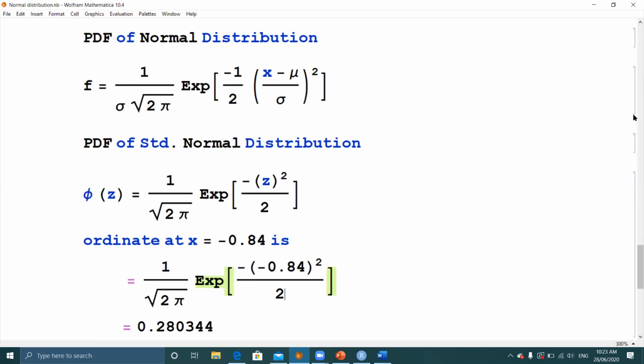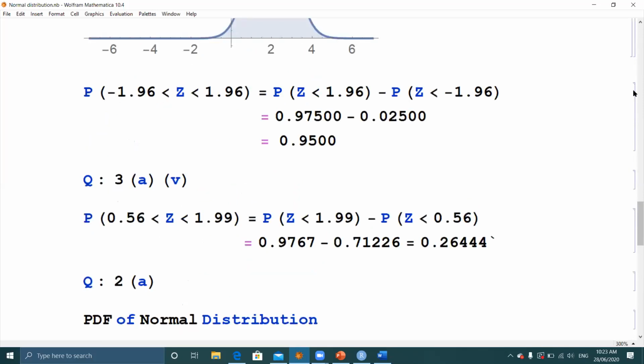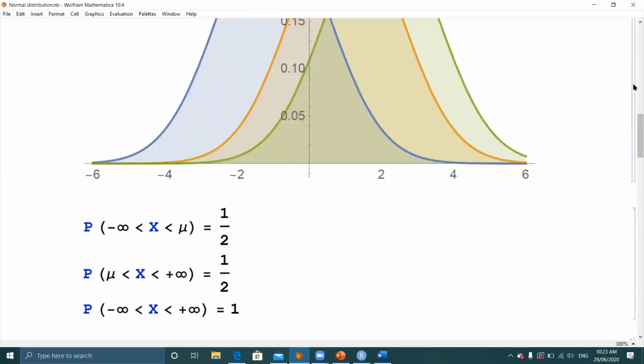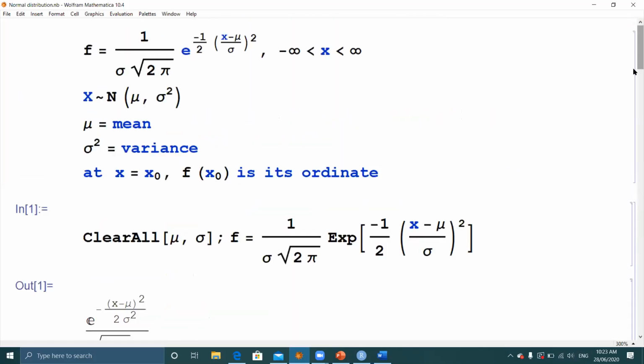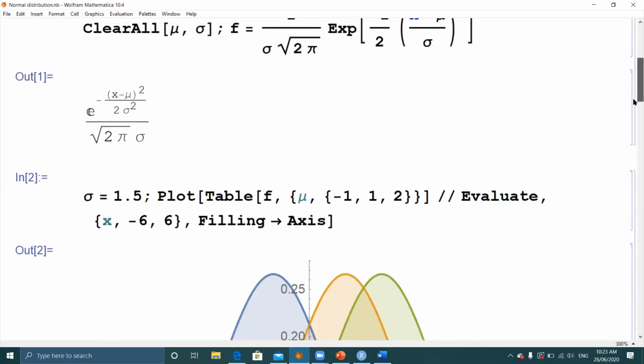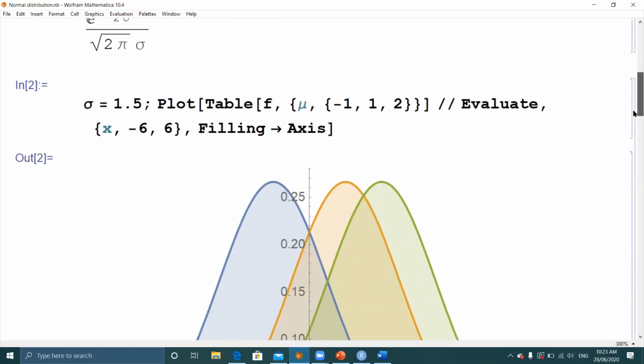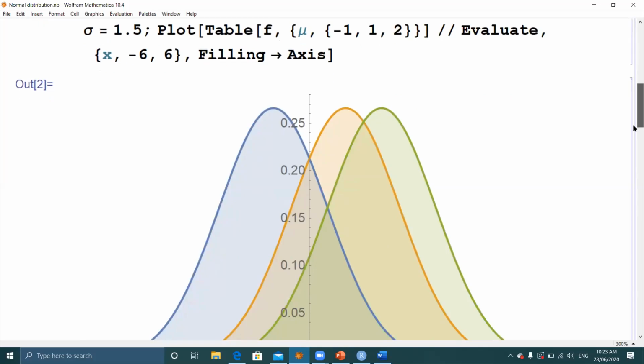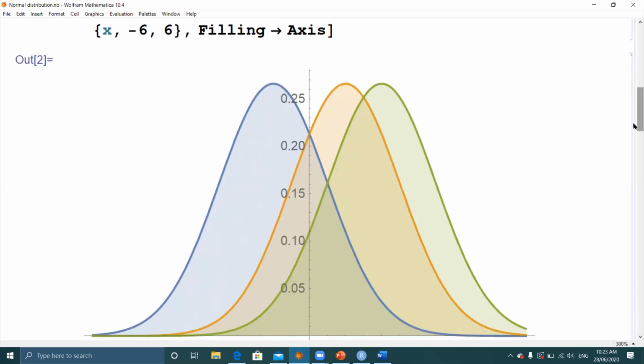If we draw the PDF, for example this one, sigma is the same for all three distributions, which is 1.5.